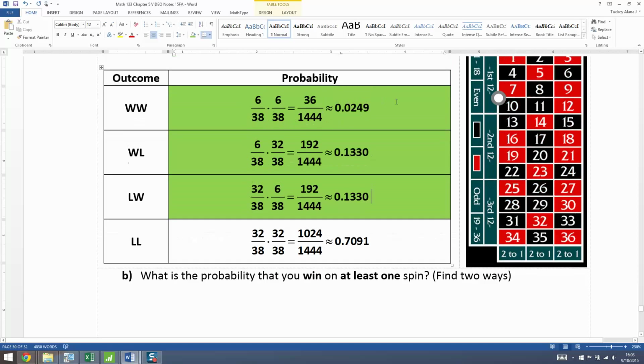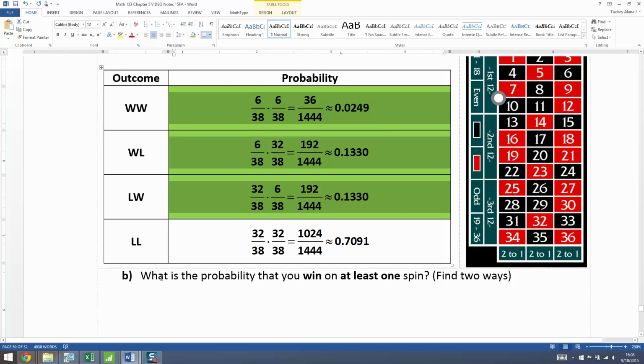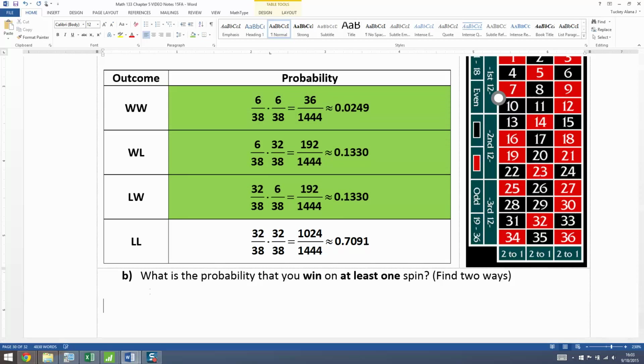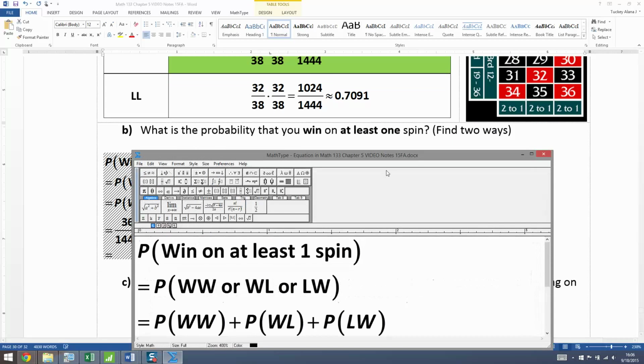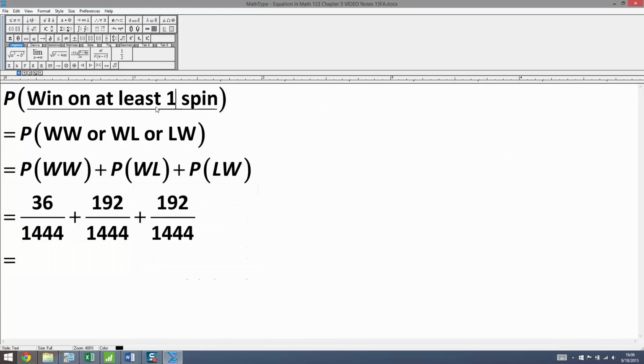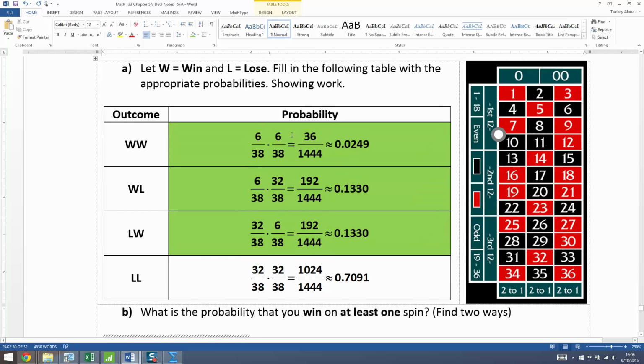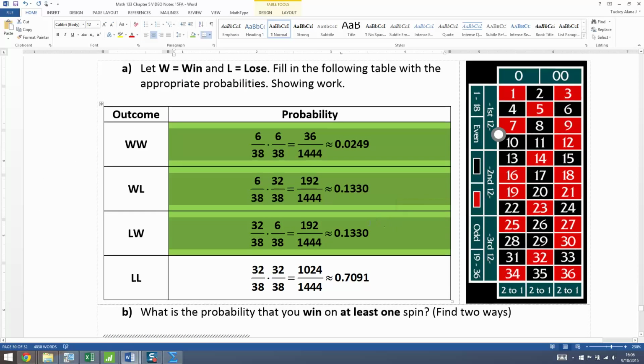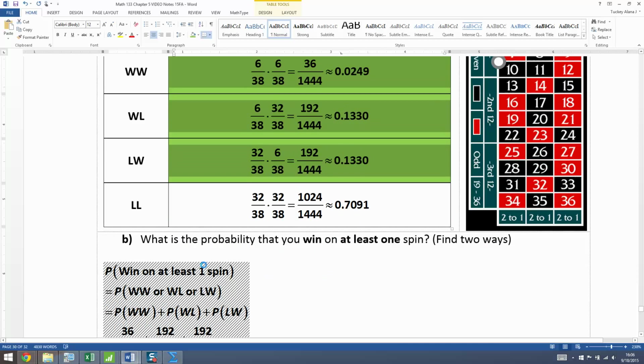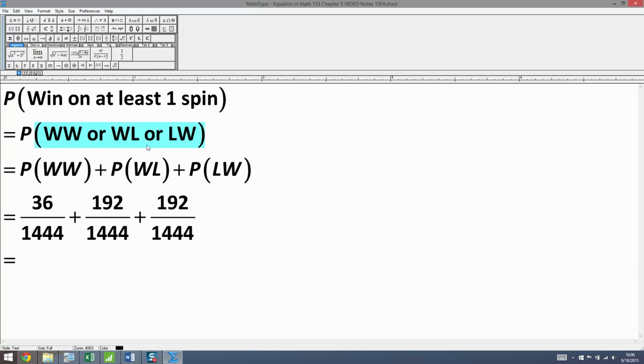So we want the probability of win-win or win-lose or lose-win. Those are the 3 ways that are possible that you could win, and they can't all happen at the same time.